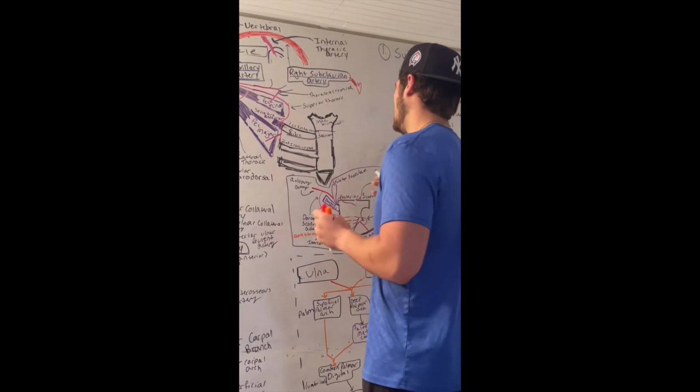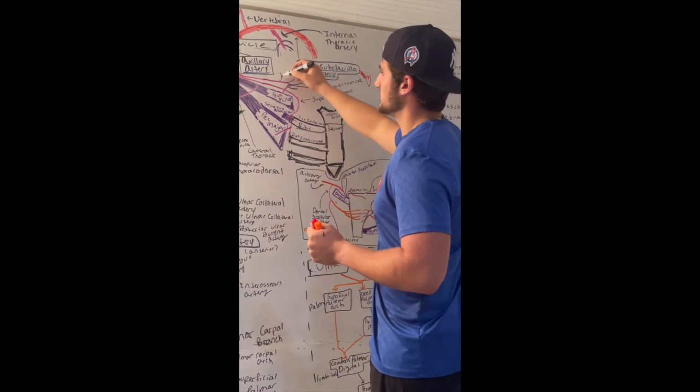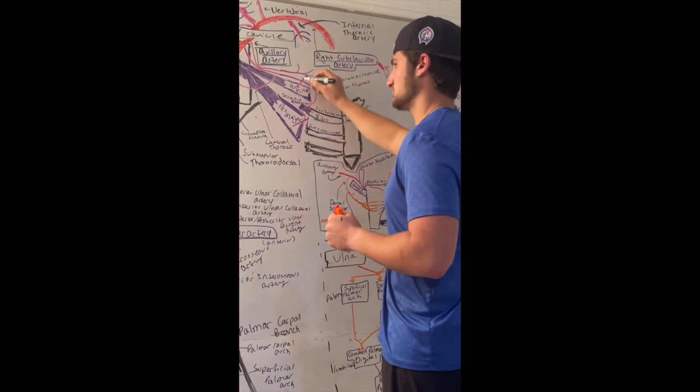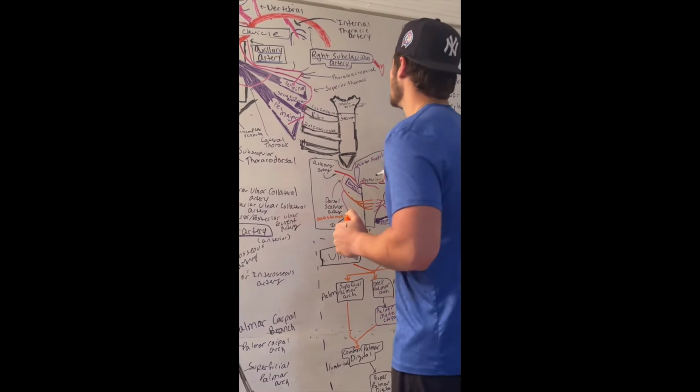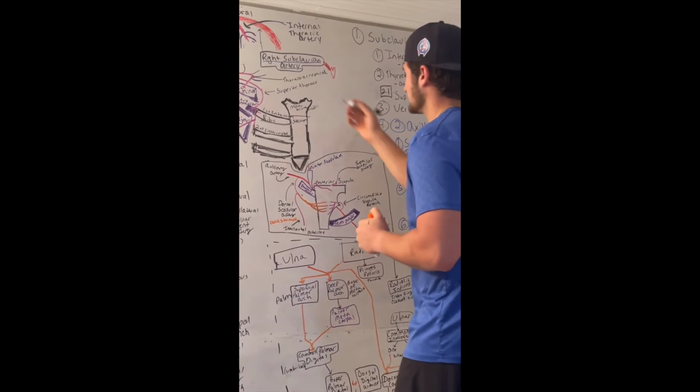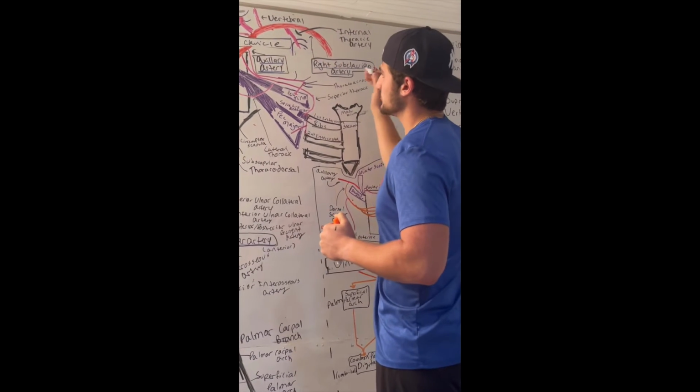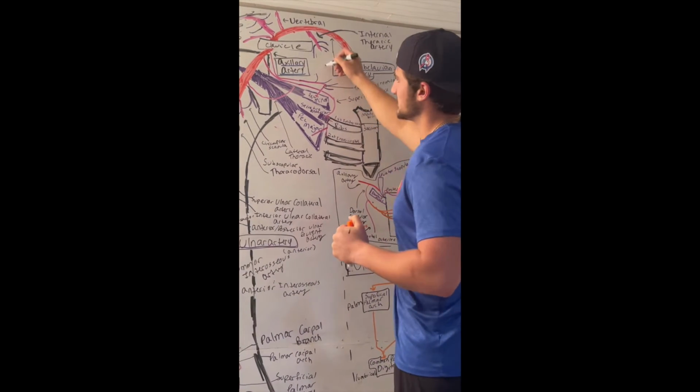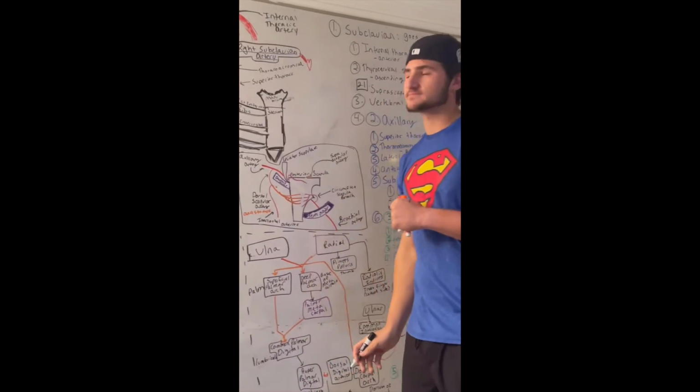We know deltoid is by the shoulder, and pectoral is where the pec minor is. Clavicular goes up to the clavicle, up here, and the acromial branches off toward the scapula.